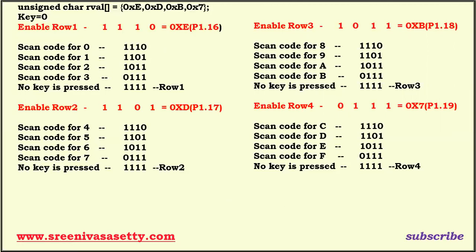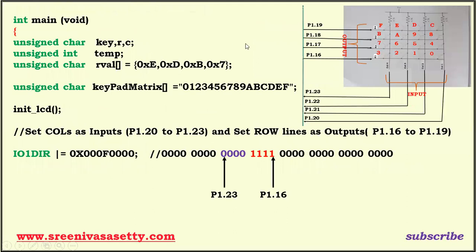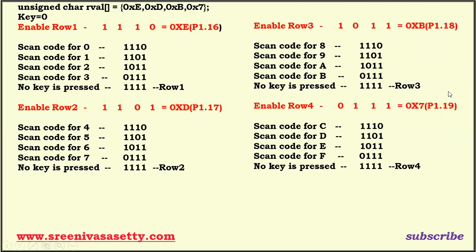By the time you have to go for the IO pin 0 register. Now in this case, as in our example, we are using port 1. Okay, P1.16 to 19 for row, P1.20 to 23 for column. Therefore, we have to go for the IO pin 1 register. The IO pin 1 register gives the status of the key pressed, the keyboard status.